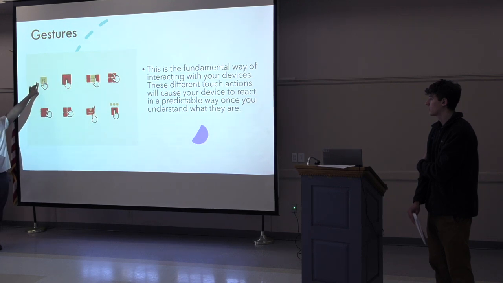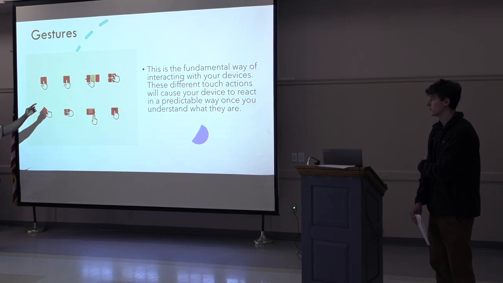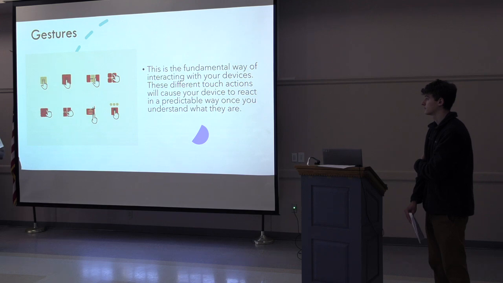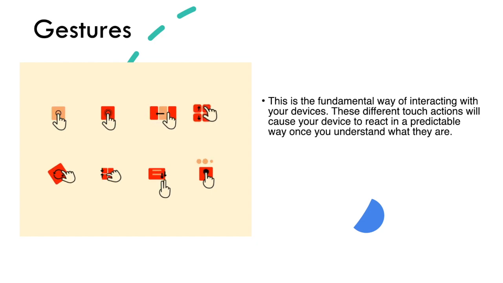A tap would just be a quick tap. It won't be longer than half a second, or maybe even less. The touch and hold, you'll hold it down, and then you usually see a menu, because similar to the right click, it'll show you your options that you can do with a button or an app should you press it.